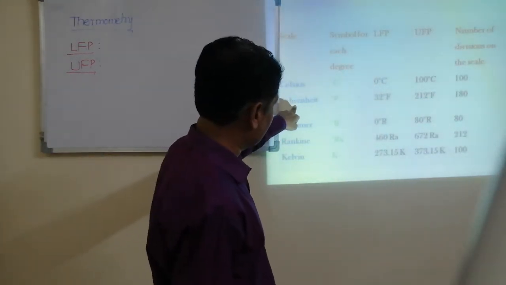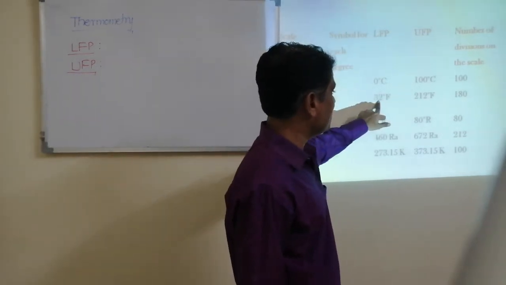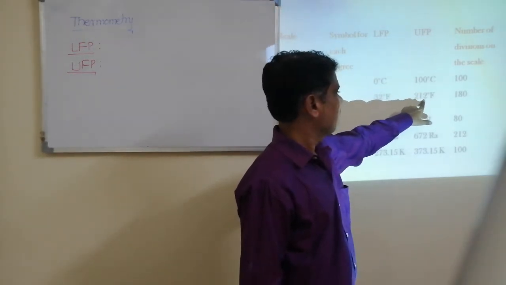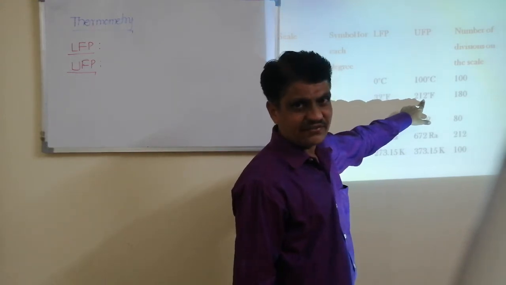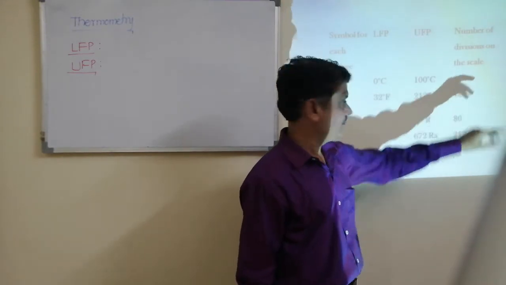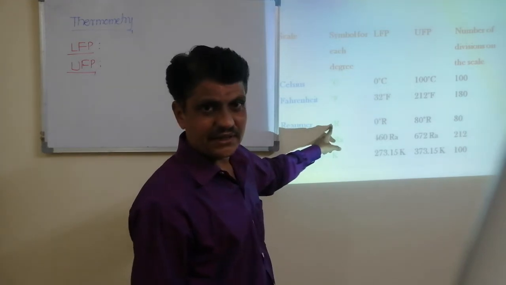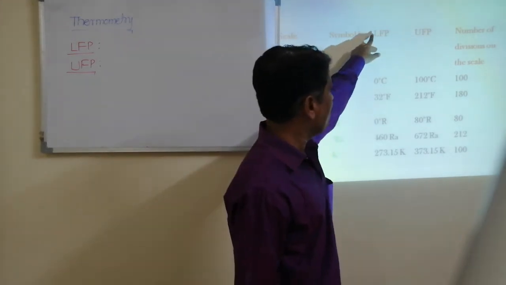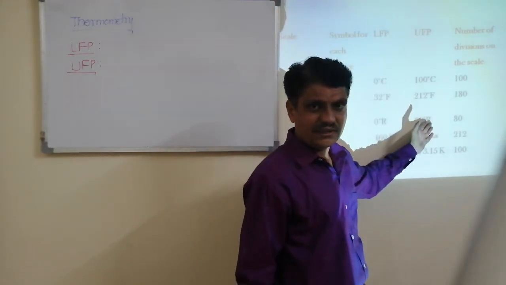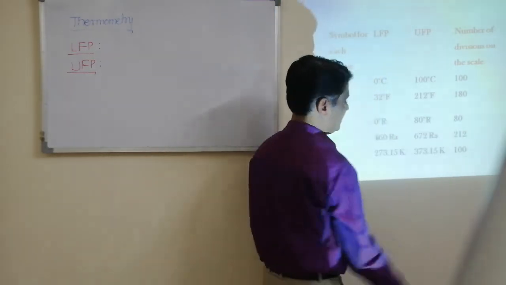Similarly, the Fahrenheit scale is represented by degree Fahrenheit. The lower fixed point is 32 degrees Fahrenheit and the upper fixed point is 212 degrees Fahrenheit. The number of divisions on the scale is 180. Whereas the Reaumur scale is represented by degree Reaumur, and the lower fixed point is 0 degrees Reaumur and the upper fixed point is 80 degrees Reaumur. If you look at the difference, it is 80.